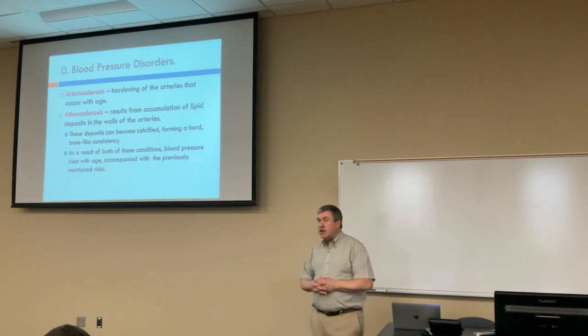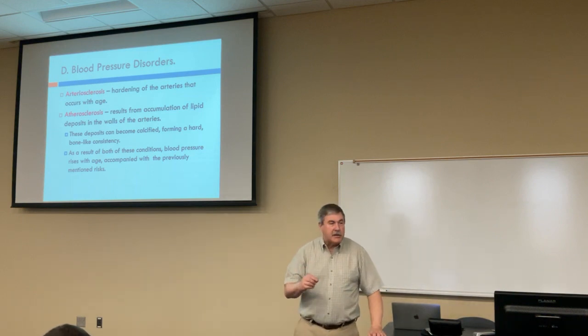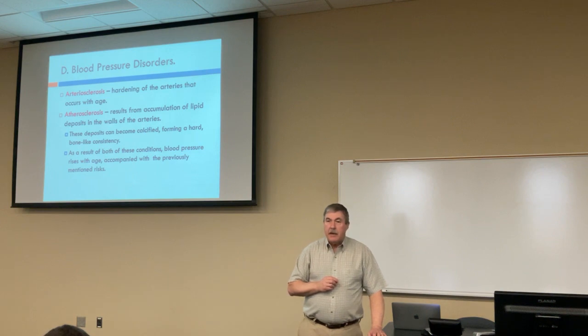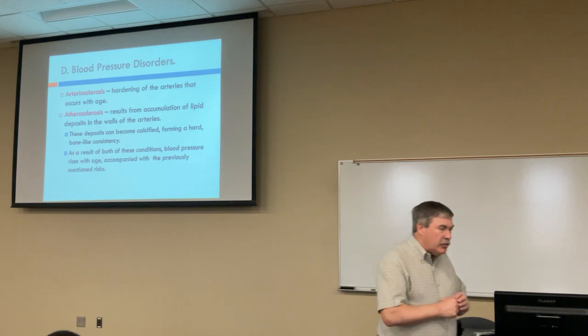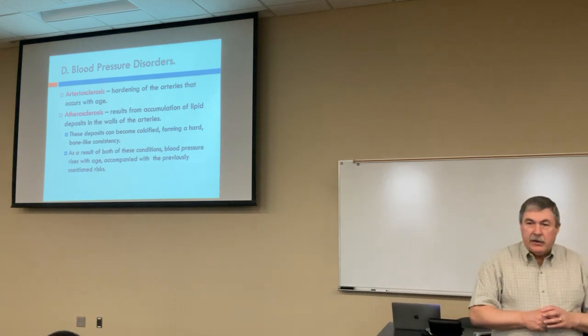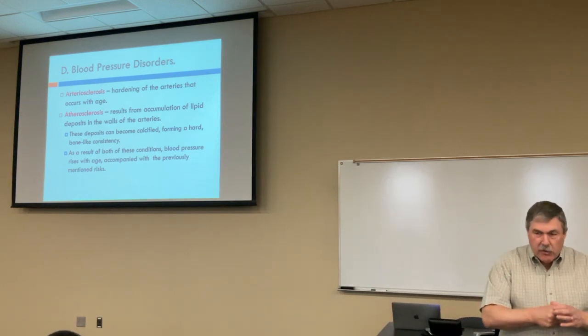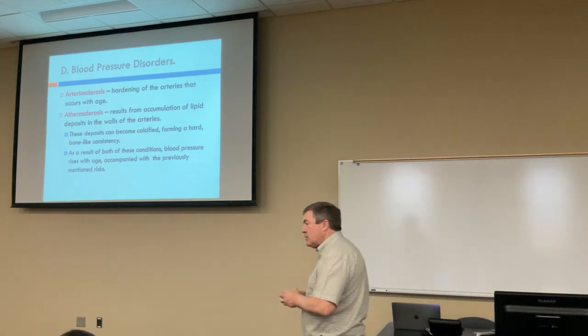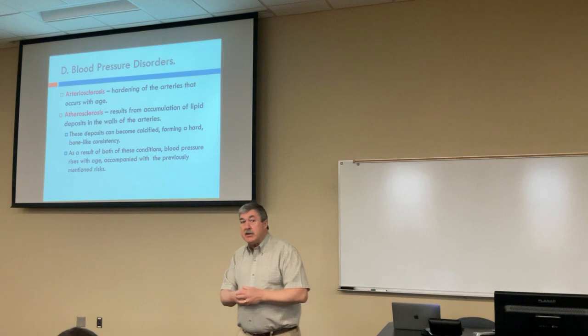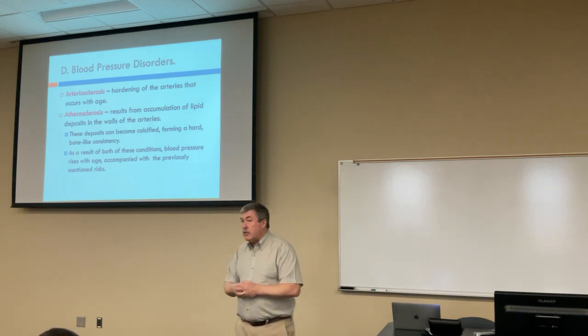Atherosclerosis results from an accumulation of lipid deposits in the walls of the blood vessels. And that can cause a narrowing of the lumen of the blood vessel. The more narrow the lumen of the blood vessel, the greater the peripheral resistance. And so that's going to increase peripheral resistance, which is going to increase mean arterial pressure.